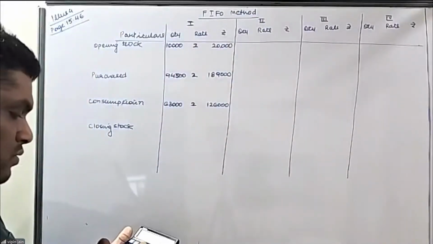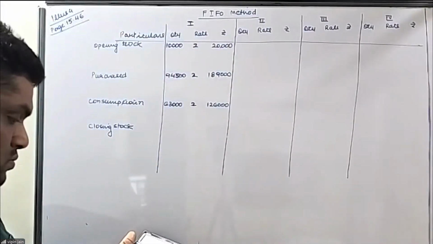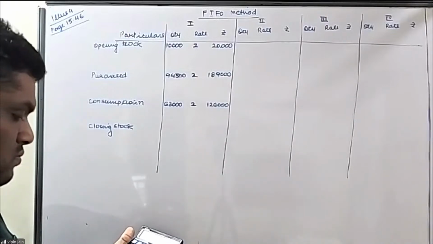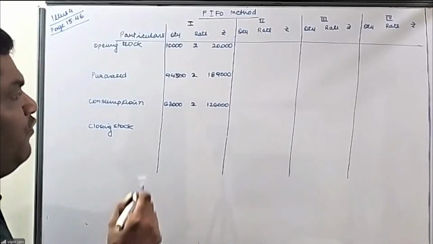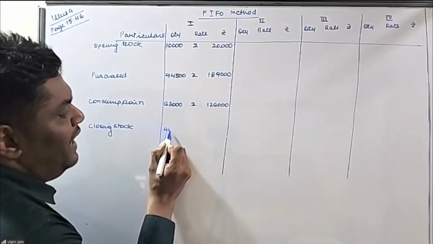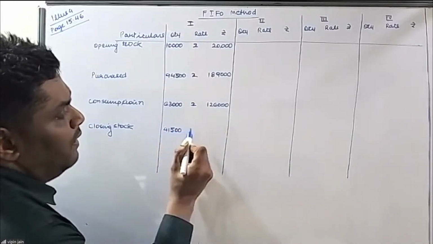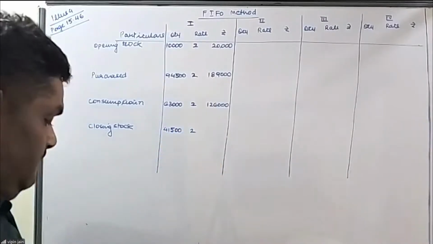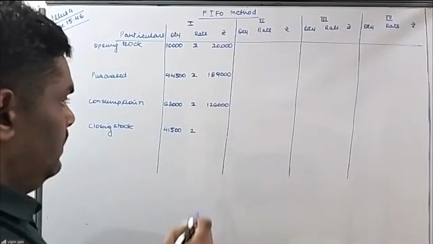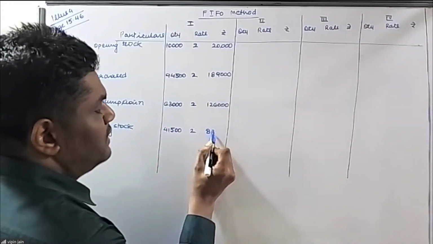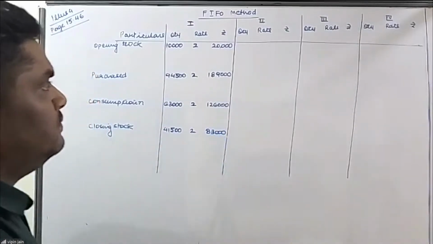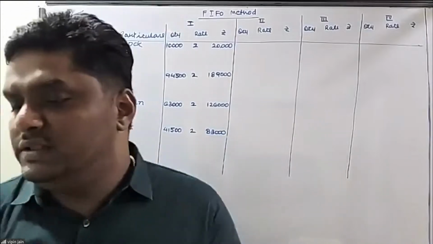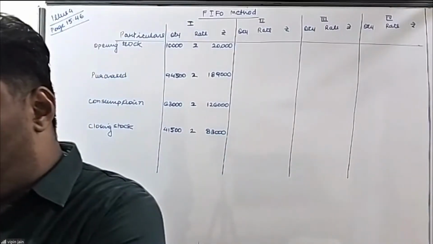So balance we are left out with is how much? 41,500 we have still in our hand of rupees 2. So 83,000. If you guys have any doubts till now, you can please post your query.